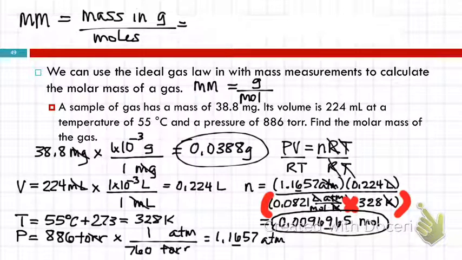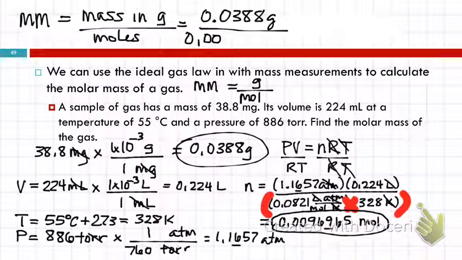So I found both of those numbers. I've got 0.0388 grams, and I divide by the amount in moles. Yes, it's a little tiny number. It's okay. 0.0388 divided by 0.0096965.